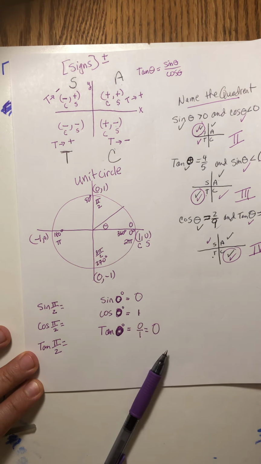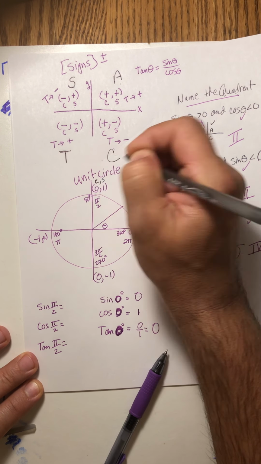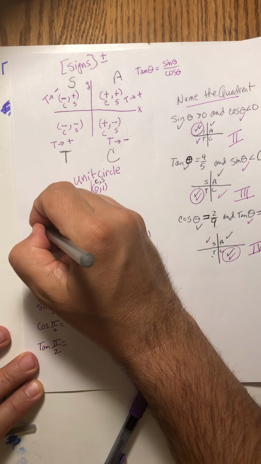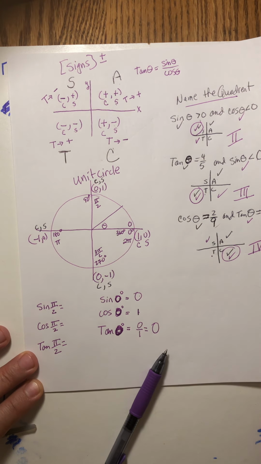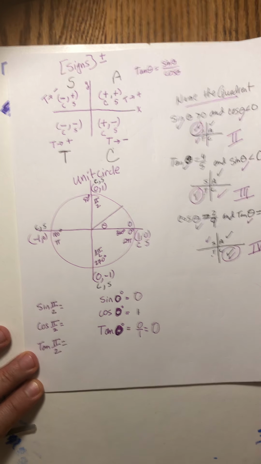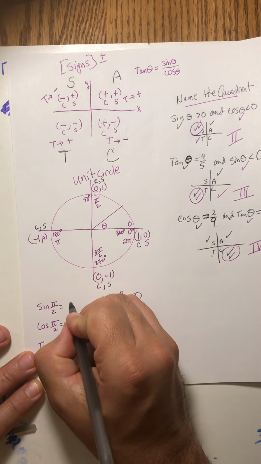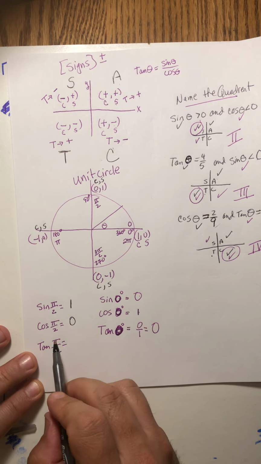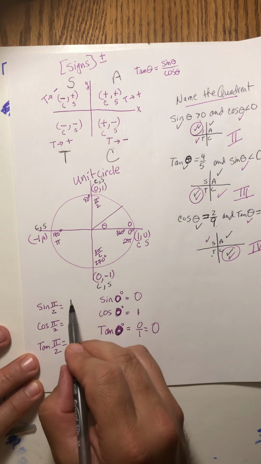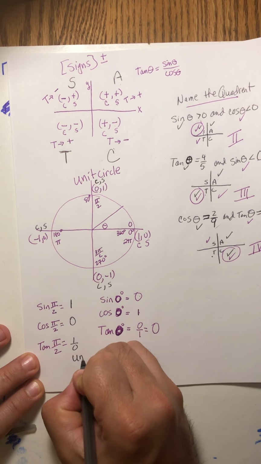Here is our cosine, alphabetical order, sine. Here's your cosine, sine. So you can do this on your paper. So the sine of pi over 2, there it is, 1. Cosine is 0. And now the tangent, sine over cosine. 1 over 0, that's undefined.